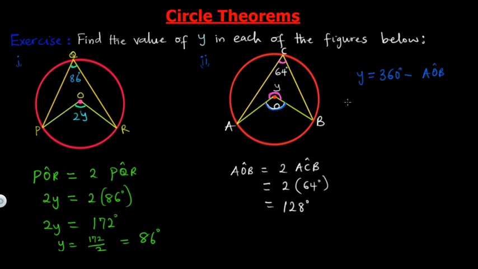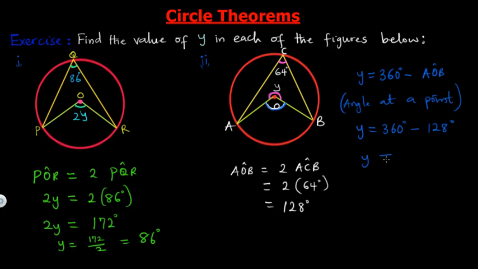That's because angles at a point sum to 360. So our y will be equal to 360 degrees minus 128 degrees.